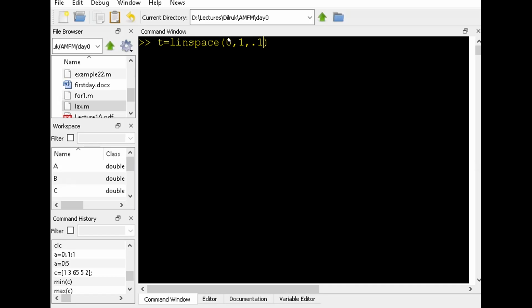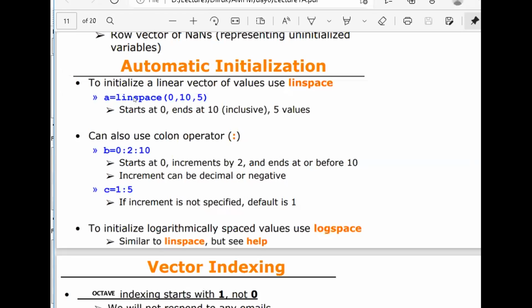So this is your interval 0, 1. I split this interval into sub-intervals. The length of each sub-interval is 0.1. But why is linspace not working? Why am I getting this?